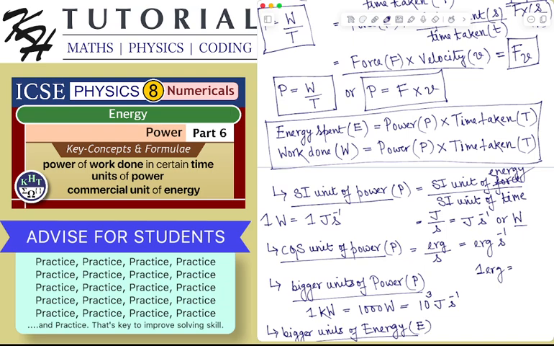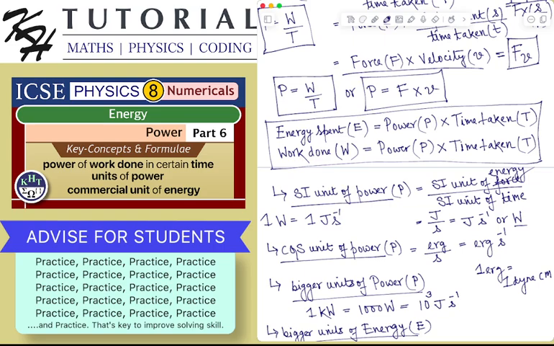Basically, work done or energy is force into displacement. So in CGS, the unit of force is dyne and the unit of length is centimeter. So 1 dyne centimeter is equal to 1 erg. So the CGS unit of power will be 1 erg, which is 1 dyne centimeter, divided by second, so erg per second.